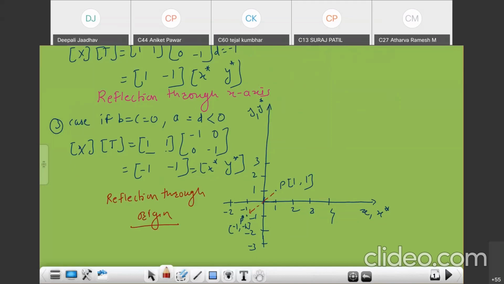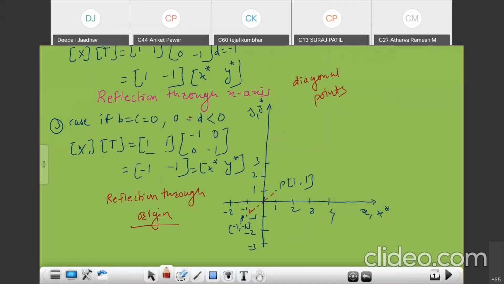So both reflection and scaling, and whatever examples or cases we have seen of coordinates, only diagonal points, A and D, were considered. Off diagonal points were kept 0 in all these cases.